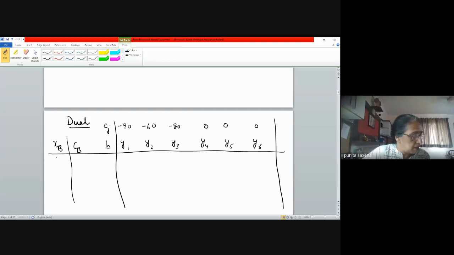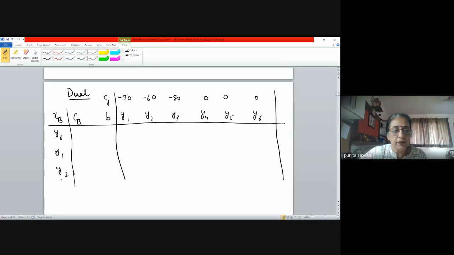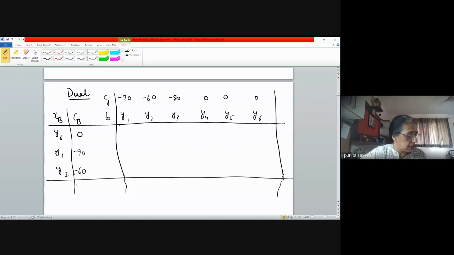And now your optimal basic variables would have been Y6, Y1, and Y2, right? Now when you fill in the values here, Y6 is 0, Y1 is minus 90, Y2 is minus 60.